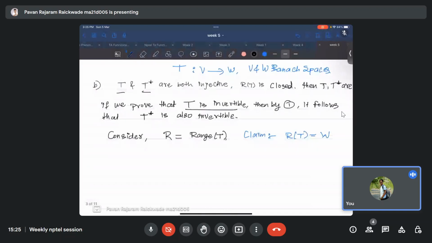So consider annihilators. We have seen the annihilators in the last session, or in the last videos, sir has talked about the annihilators. So R is a subset of Y.